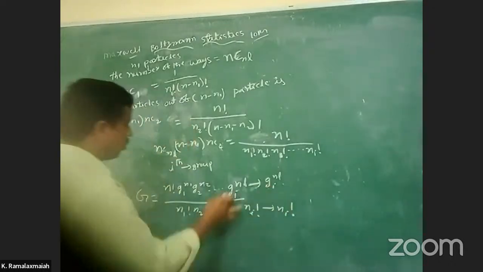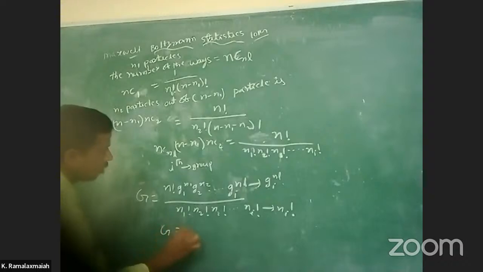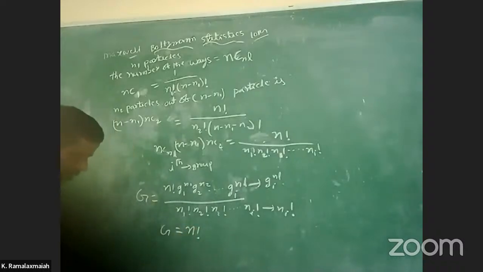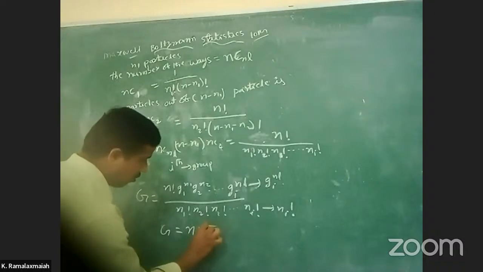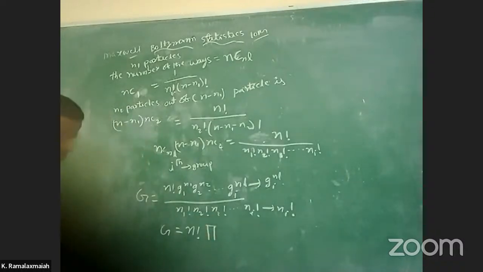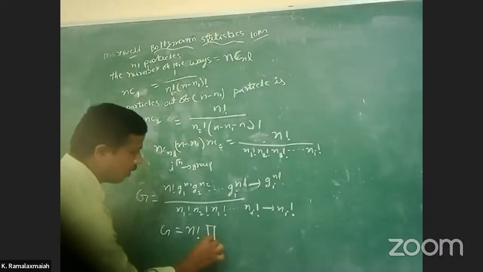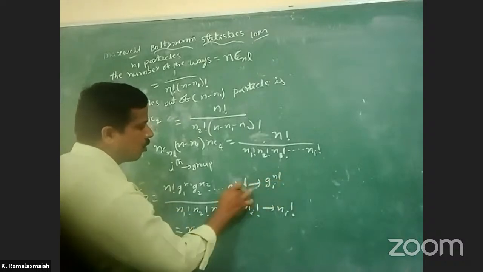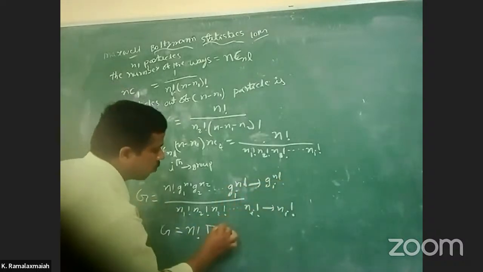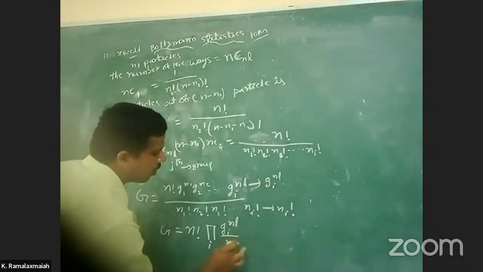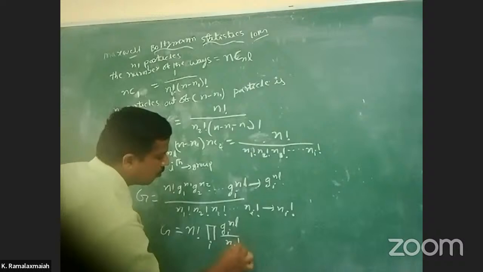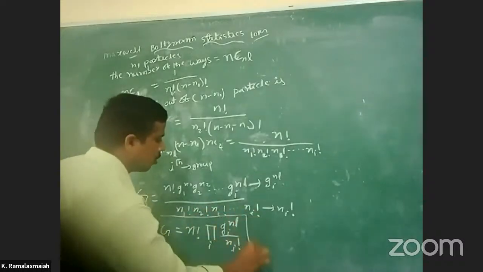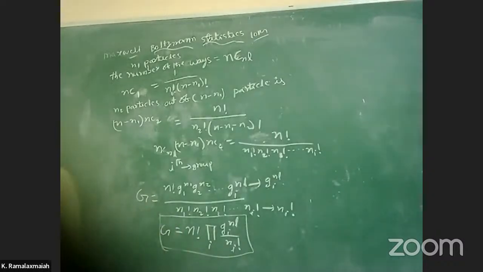You write this value G is equal to, that means its total value is the product, capital pi over i, of gi to the ni by ni factorial. That is the equation.